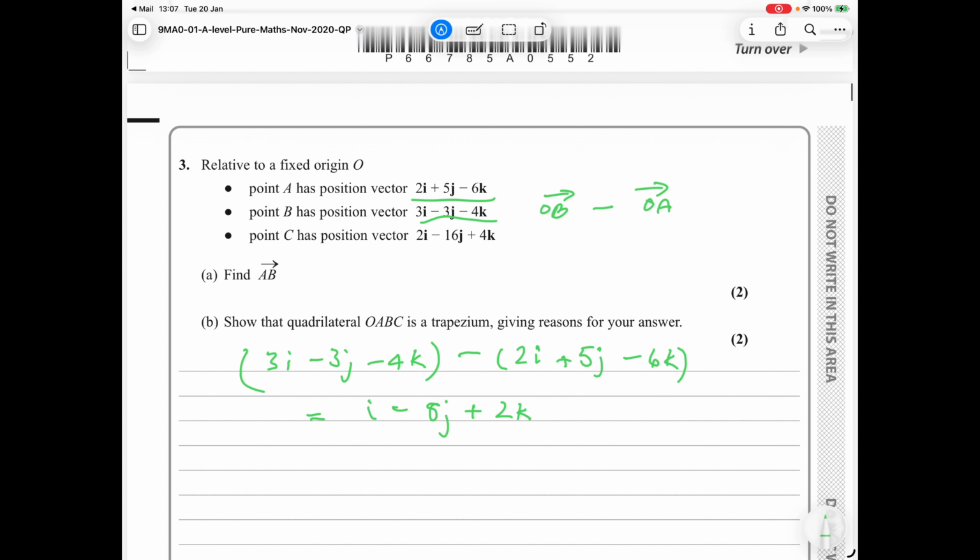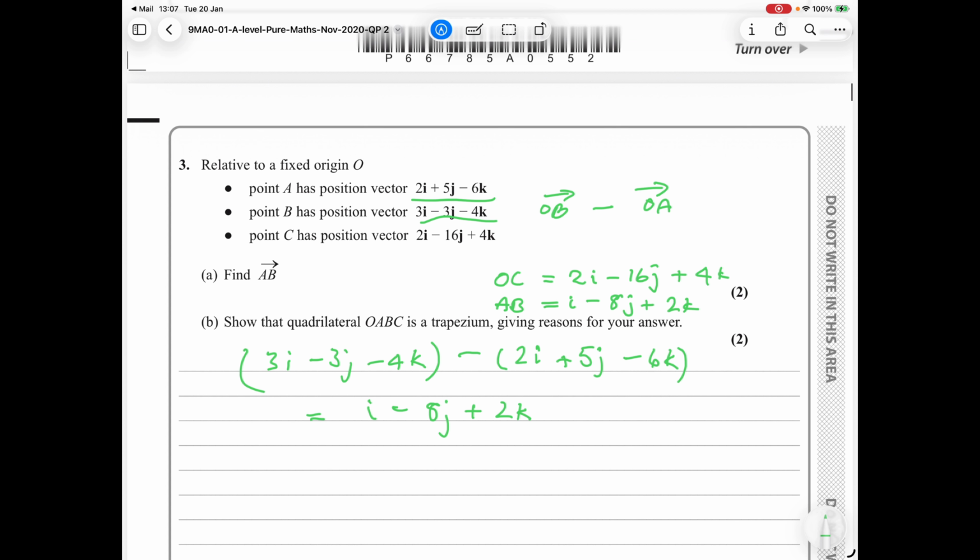And now show that quadrilateral OABC is a trapezium and give your reason for the answer. So what I recognise is that OC equals 2i minus 16j plus 4k. I recognise that AB equals i minus 8j plus 2k.